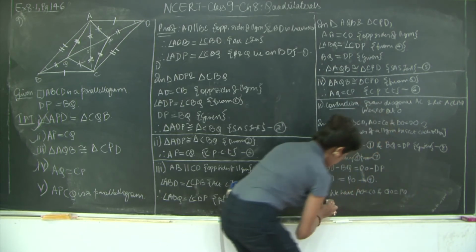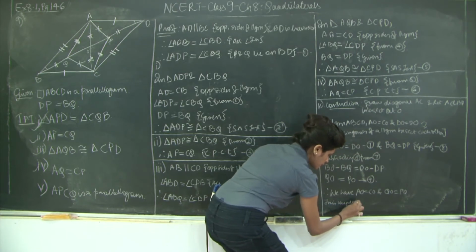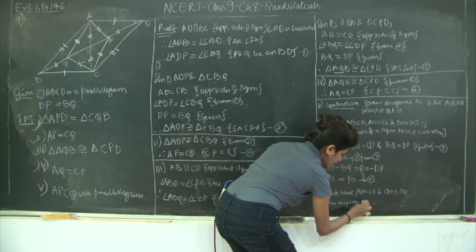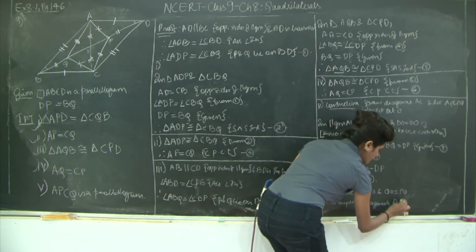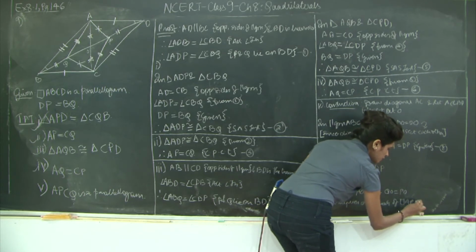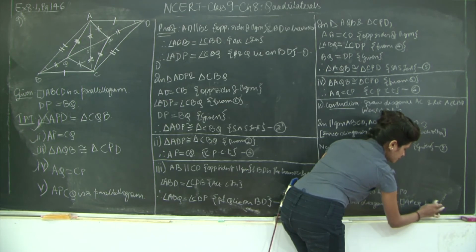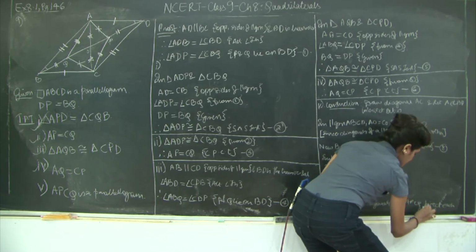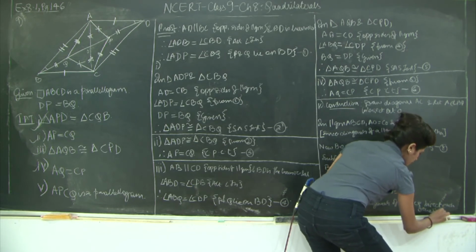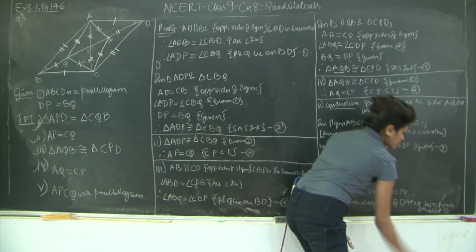This implies diagonals of quadrilateral APCQ bisect each other at O. Correct?